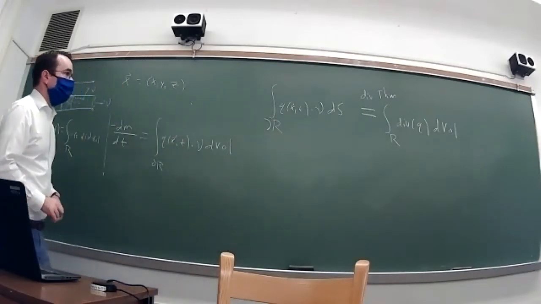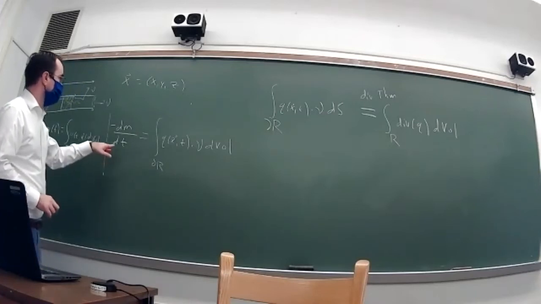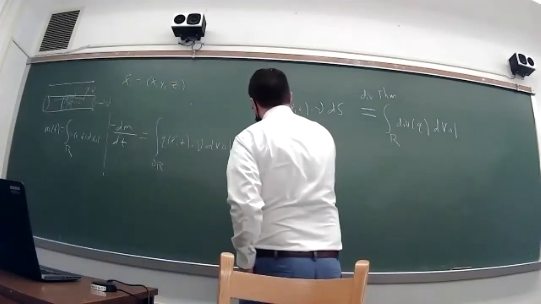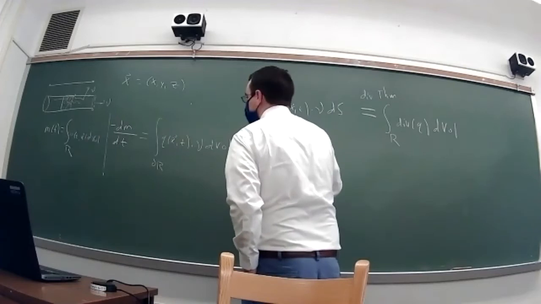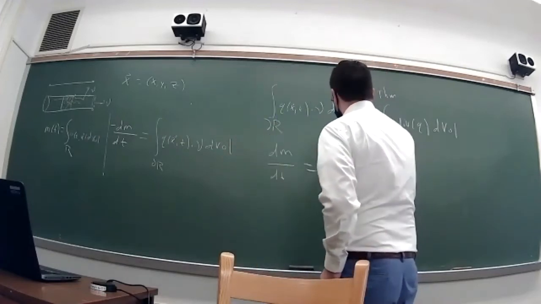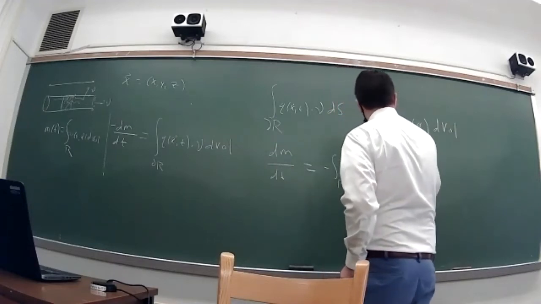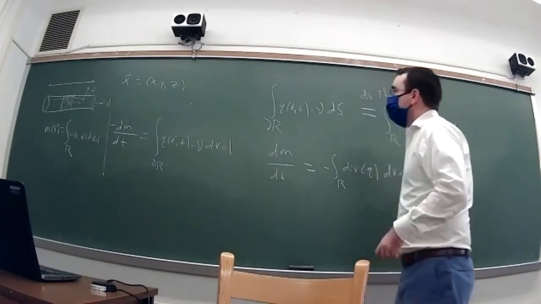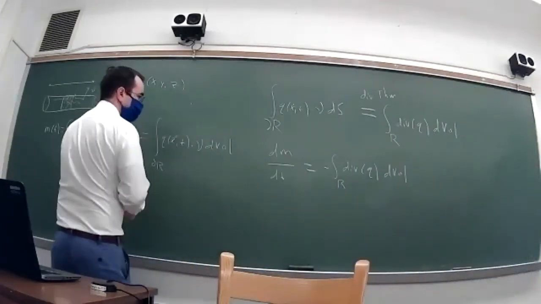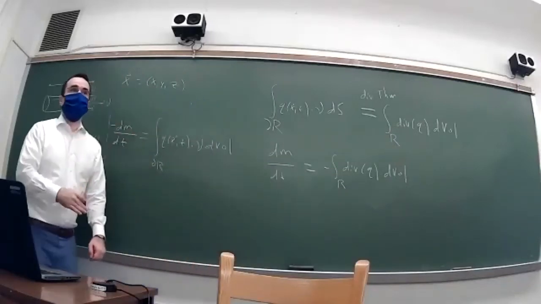And so what I've got now is dM/dt equals the negative divergence. There's a convention in PDE: Q has 4 variables, but this divergence only applies to the spatial variables.